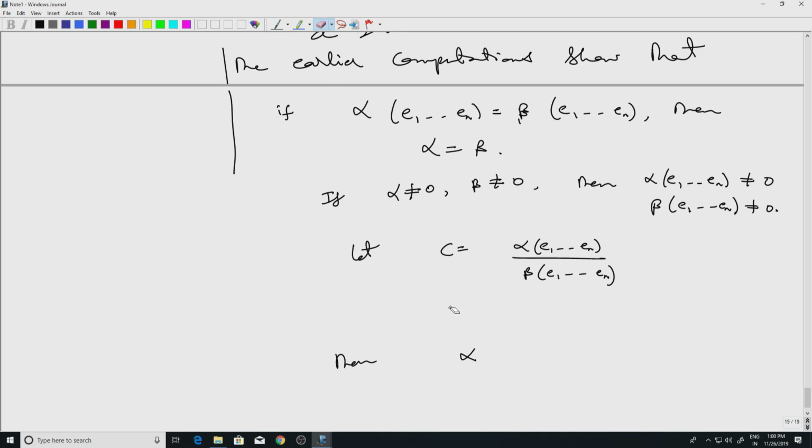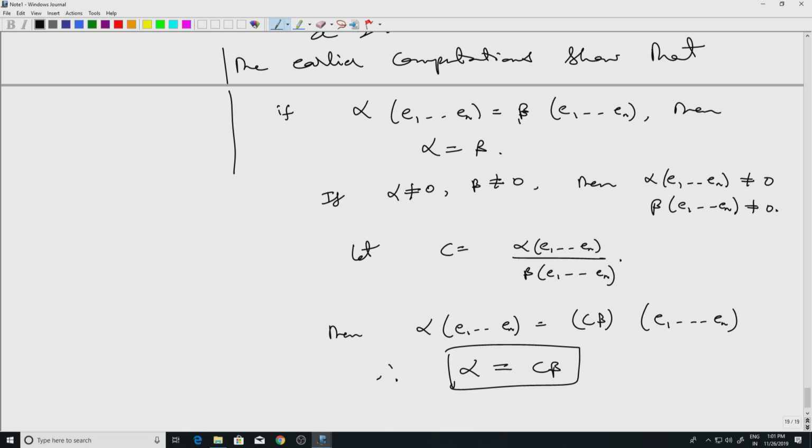So let's just take C, then alpha(e1, ..., en) equals C beta acting on e1 up to en. Because the way I set it up, the beta will cancel out and I'm left with alpha. Therefore, now you go back to this remark. The earlier computations show that if this happens, then alpha equals C beta.